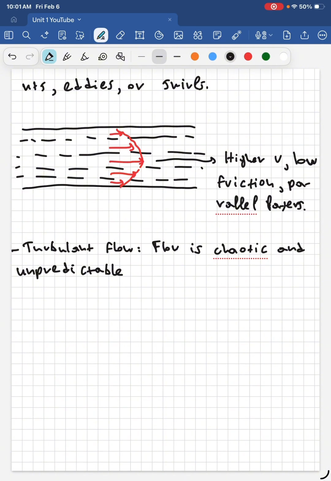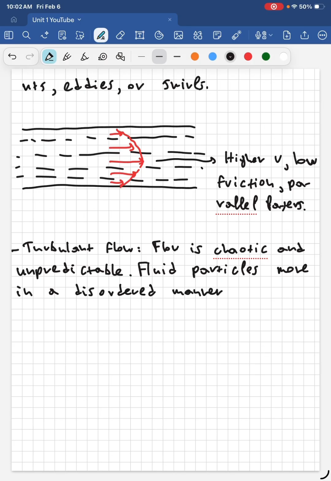Fluid particles move in a disordered manner, creating swirls, eddies, and vortices.